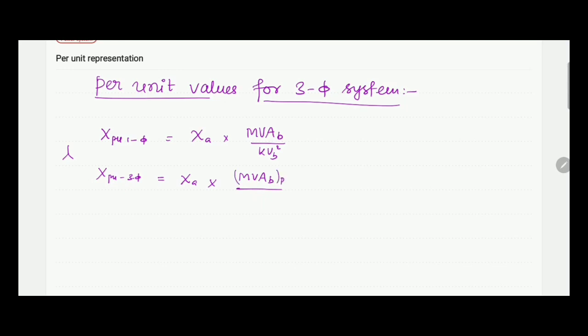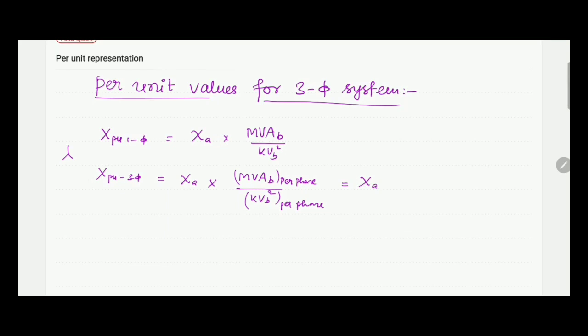In a three-phase system, we will be dealing with the values on a per phase basis. So we will be taking the per phase values here in case of a three-phase system.